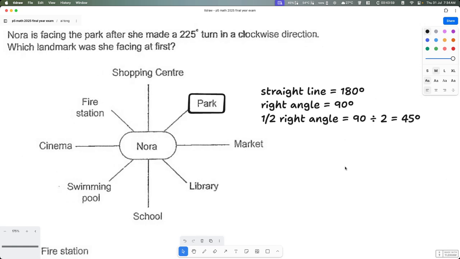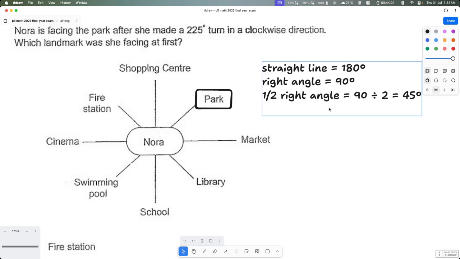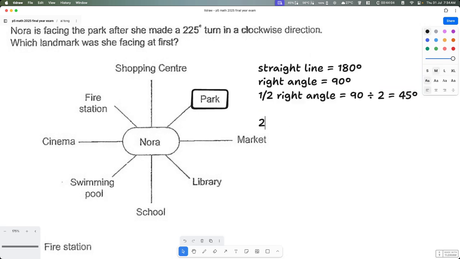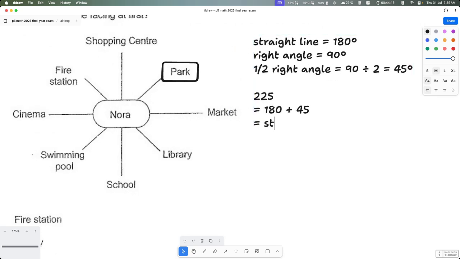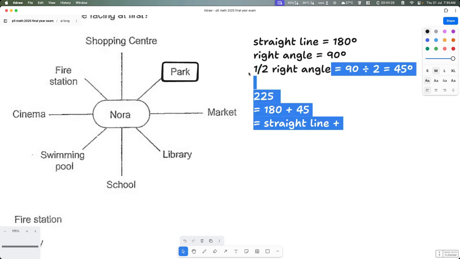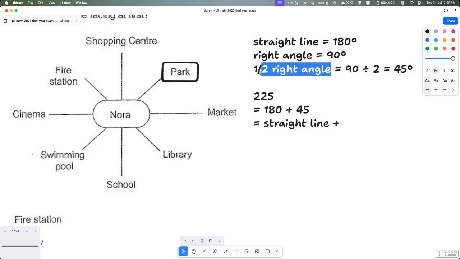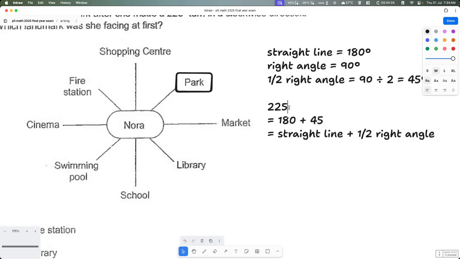So in this case, one straight line, so 225 is equal to 180 plus 45, which is essentially a straight line plus half of a right angle. So basically the opposite 225 degrees. Okay, which is this.